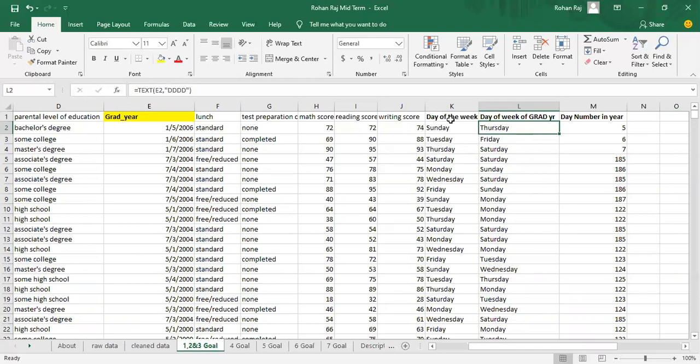And this day of the week you can see for the enrollment day, you can see Thursday for the graduation year, which is the 5th of January 2006 of the graduation of their undergraduate, which is on Thursday, and it's the fifth day of that year, where it was calculated for all the 1,000 evaluations, the day of the week and the day number.